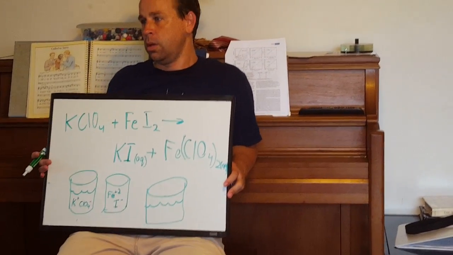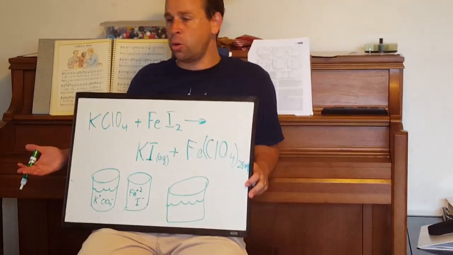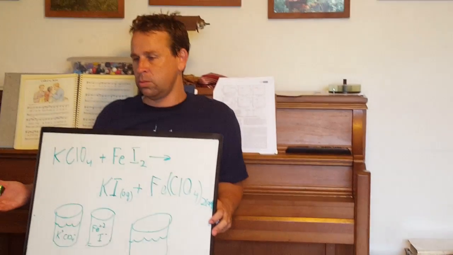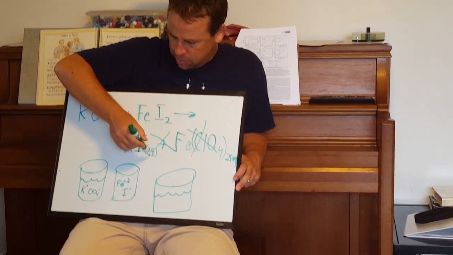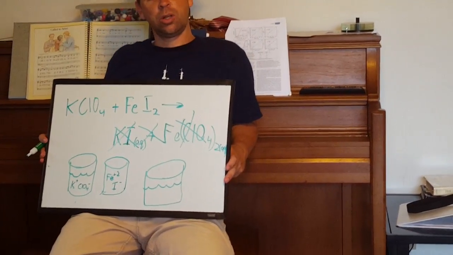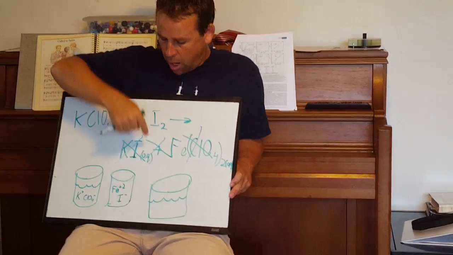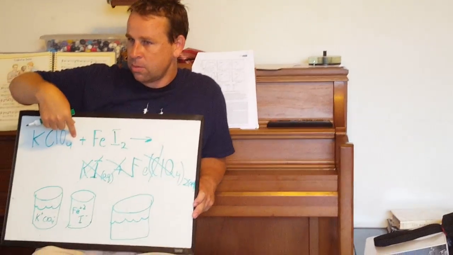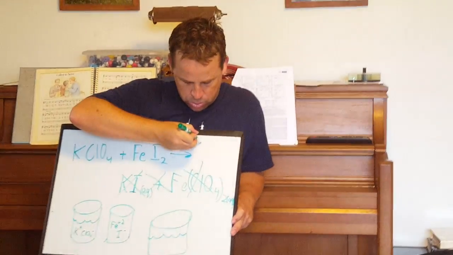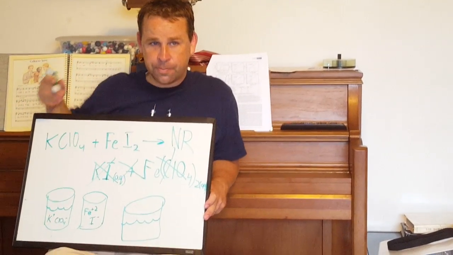They're all still separate. Nobody changed partners, nobody interacted with each other at all. What you'd find out is that this is not a chemical reaction, because there's no change that occurs. If the products are both aqueous when you combine ionic compounds, then we say no reaction. It's just a bigger solution.